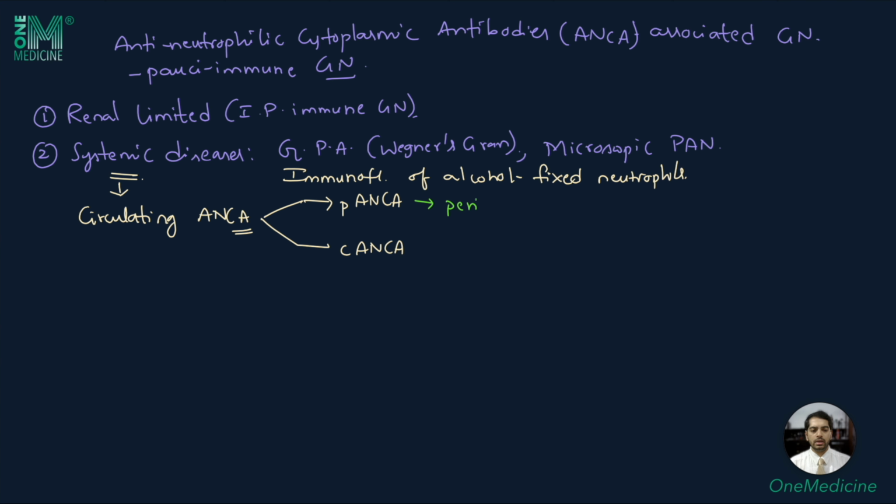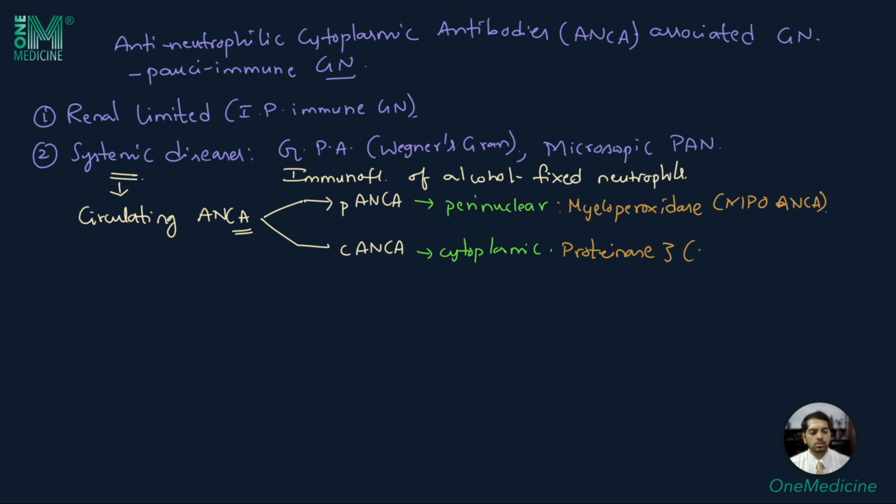P-ANCA shows a perinuclear pattern and C-ANCA shows a cytoplasmic pattern. P-ANCA is associated with antibodies against myeloperoxidase, and hence is also known as MPO-ANCA. Cytoplasmic ANCA is associated with antibodies against proteinase 3, also called PR3 ANCA.